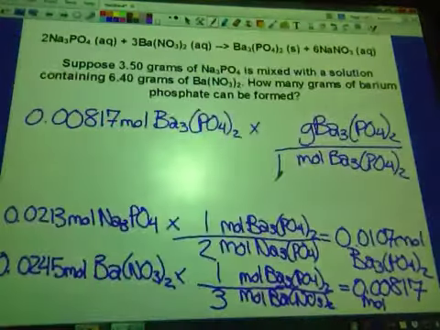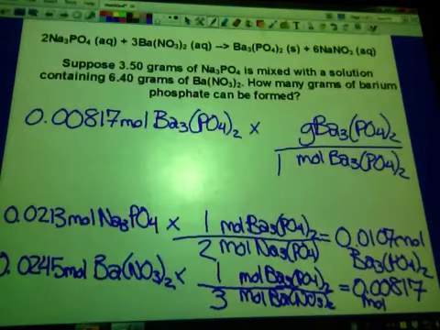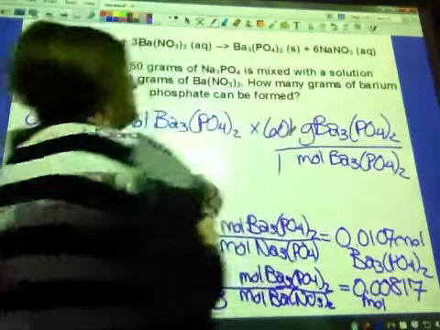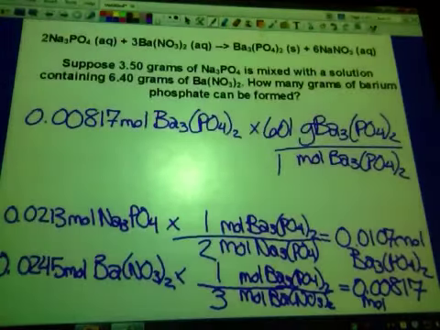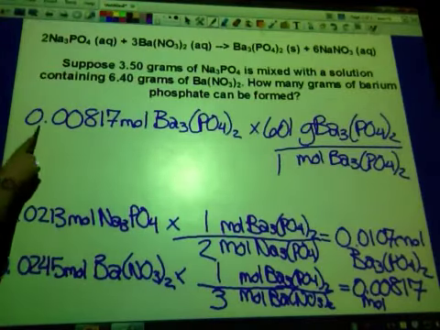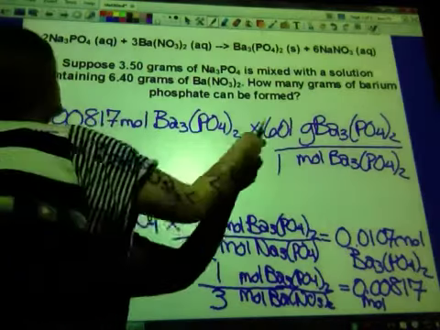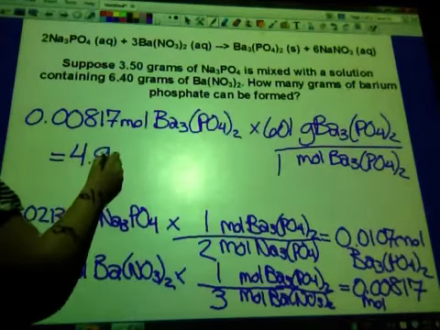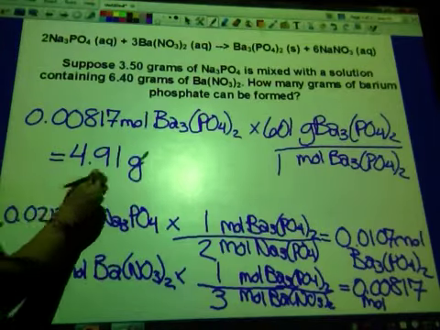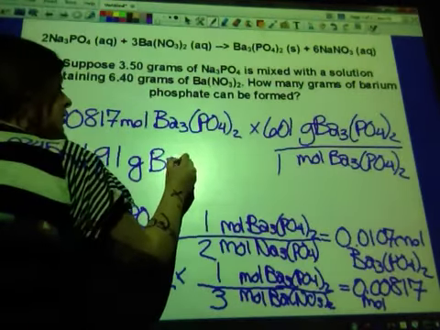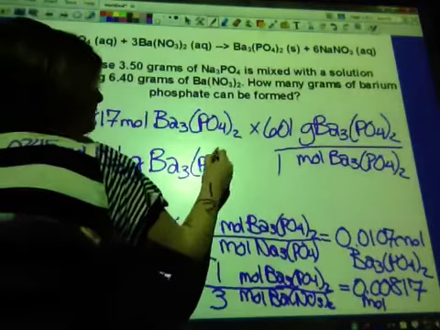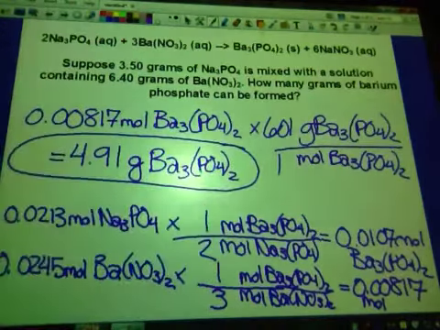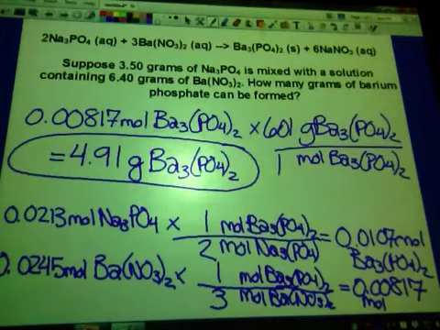I know that in 1 mole of barium phosphate, there's 601 grams. Big one. 601 grams. So if I took 0.00817 times 601, you should end up getting 4.91 grams of barium phosphate can be produced based on this reaction. So that would be my answer.